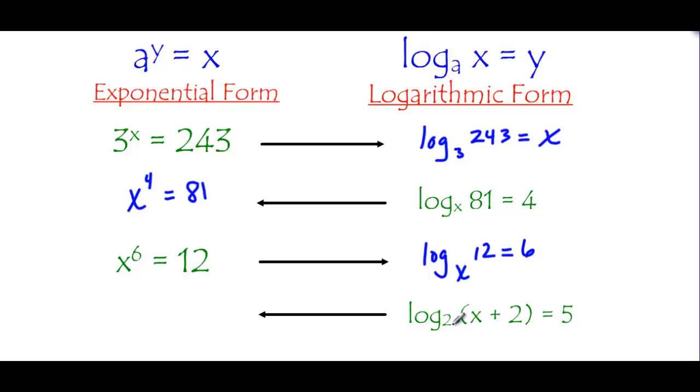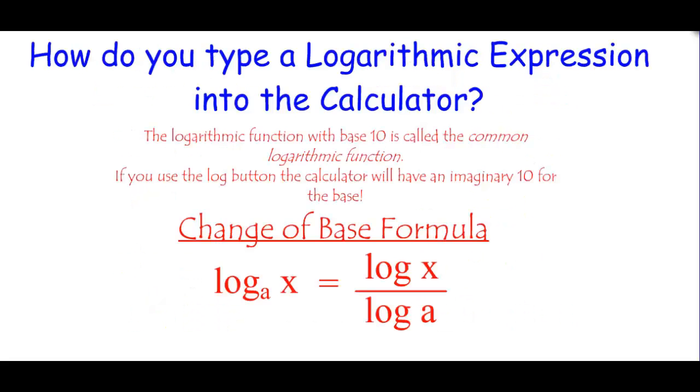The thing we need to know in the future when we're solving is the base and the value always have to be positive when dealing with logs. But in this case, since we're not solving right now, we don't have to worry about it. But other than that, I can pretty much write whatever I want here. So if I switch back, the base is 2, my power is 2 to the 5th equals x plus 2. And that's how you go back and forth between the forms.